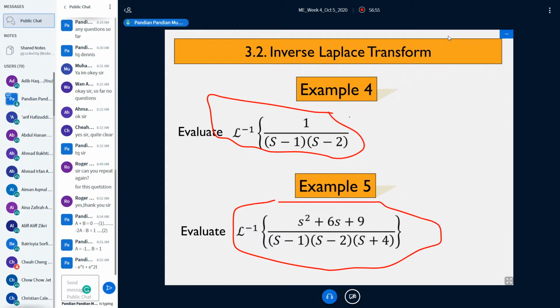I will show you later. Plus 25 over 6 e power 2t, plus 1 over 30 e power minus 40.